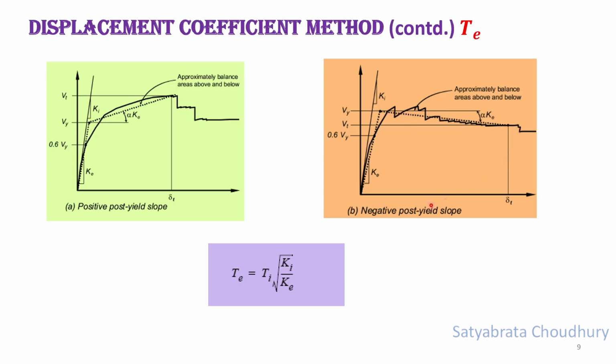It indicates that the base shear, or strength, is decreasing gradually with deformation in the system. So in this case the post-yield stiffness is set to negative and the bilinearization is done in this way. This is not a typical case; it can come in certain special cases only. So we have understood how to use the value of Te.